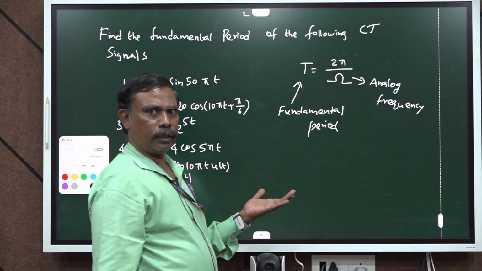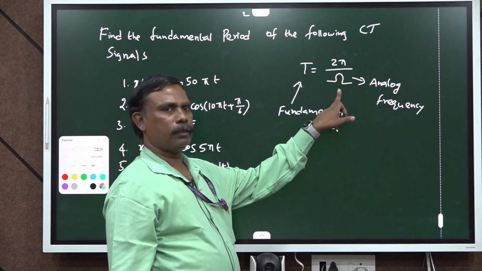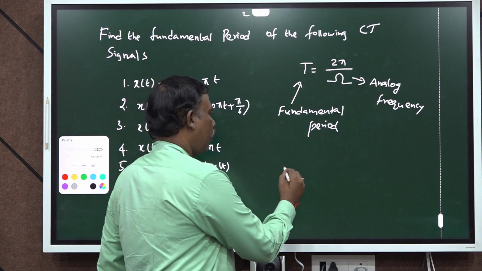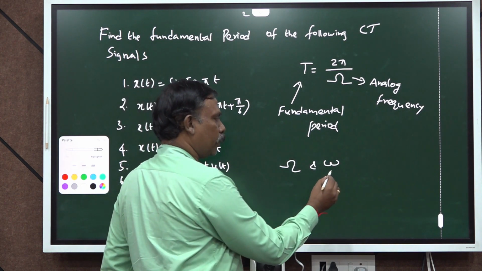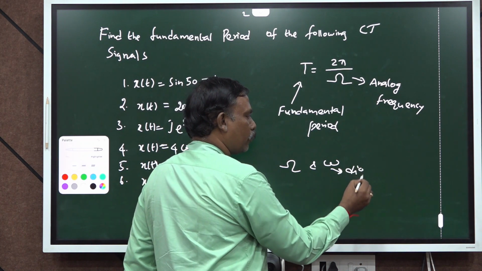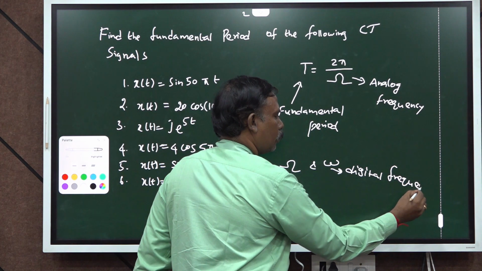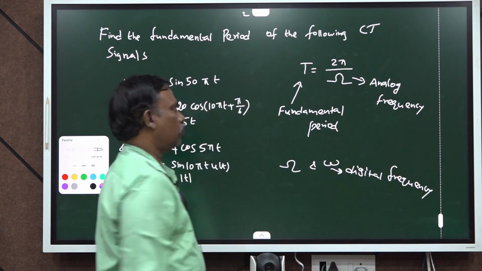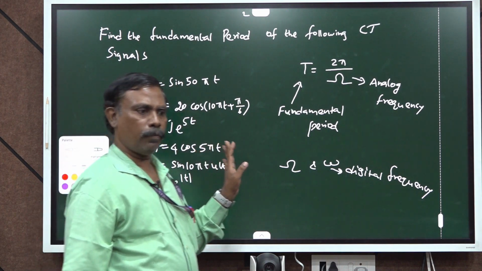For the signals and systems and digital signal processing subjects, we have to know the difference between this omega and that omega. This omega is the analog frequency, and that omega is the digital frequency. Now, by using this fundamental period, we have to solve the problems one by one.